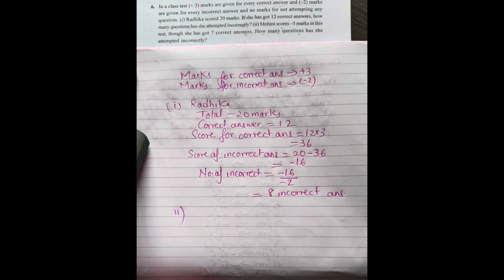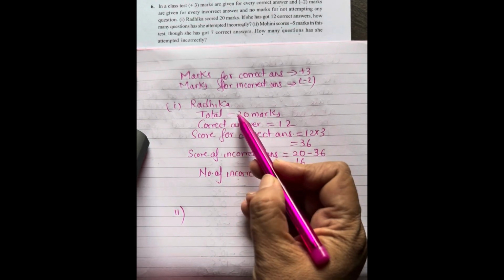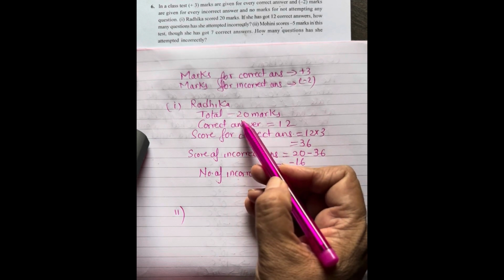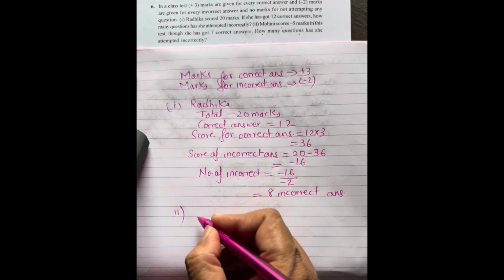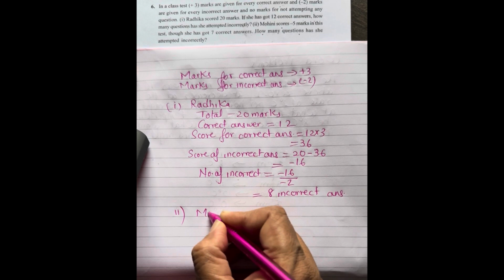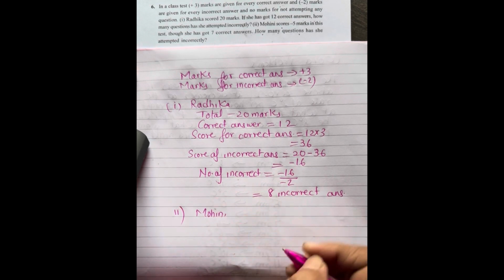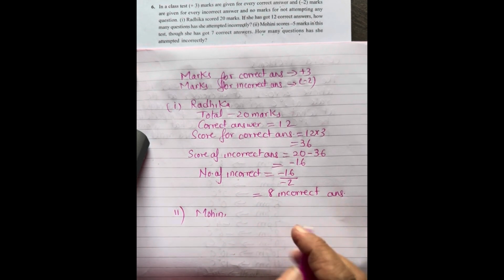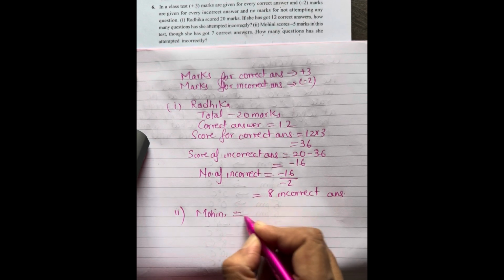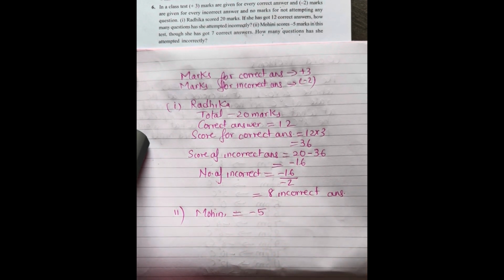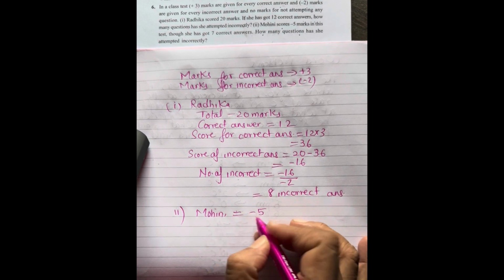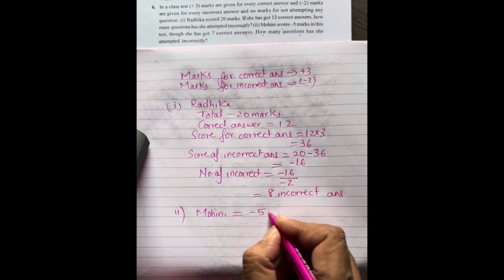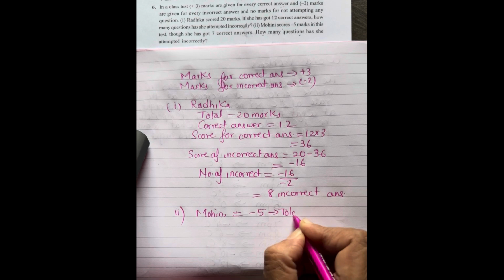Now, this is a similar type to Radhika, but here Radhika scored plus 20 marks, positive 20, and Mohini's score is minus 5, negative. She's getting a negative mark. And this is the total score of Mohini.